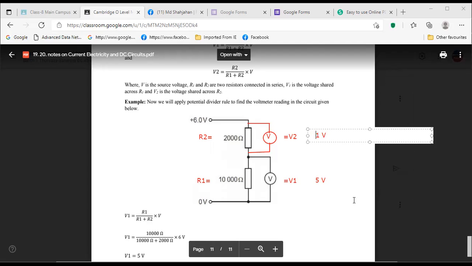And you can also use the formula to get the calculation. You already got here V1 equals R1 by R1 plus R2 multiplied by V. Then you put the values, and V1 equals 5 volt. Similarly, for V2, if you put the values, it will come 1 volt. You can have a check.